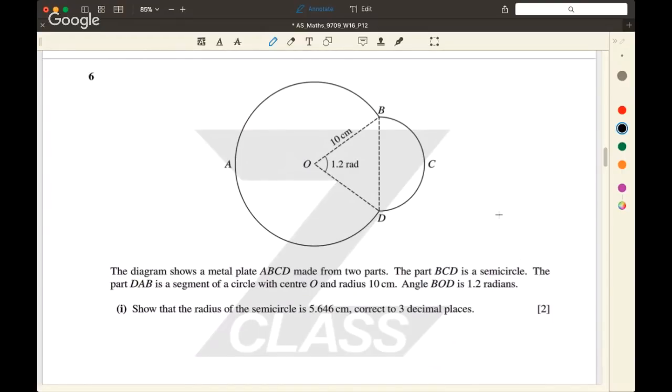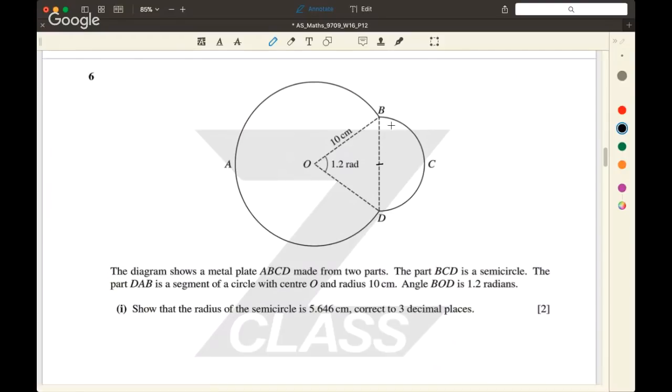Okay, question 6. So this is just a lot of geometry and just being a bit careful about how you estimate lines and deduce the values for the lengths and circumferences. Just take your time. So they want us to show that the radius of the semicircle is this value.